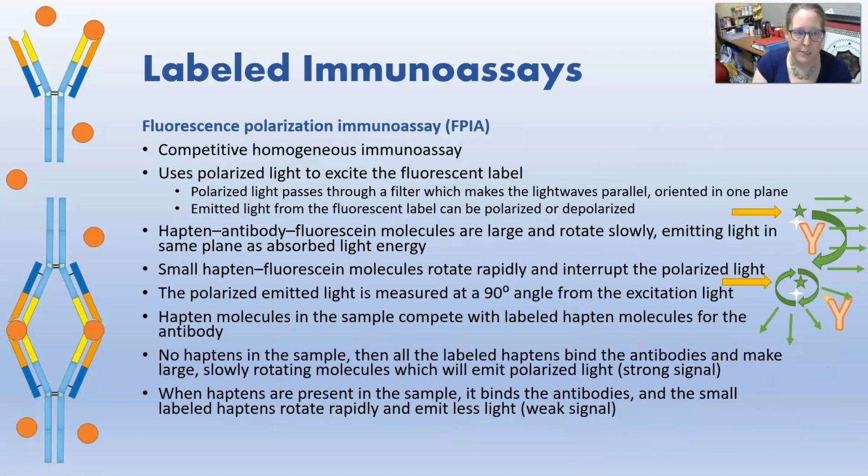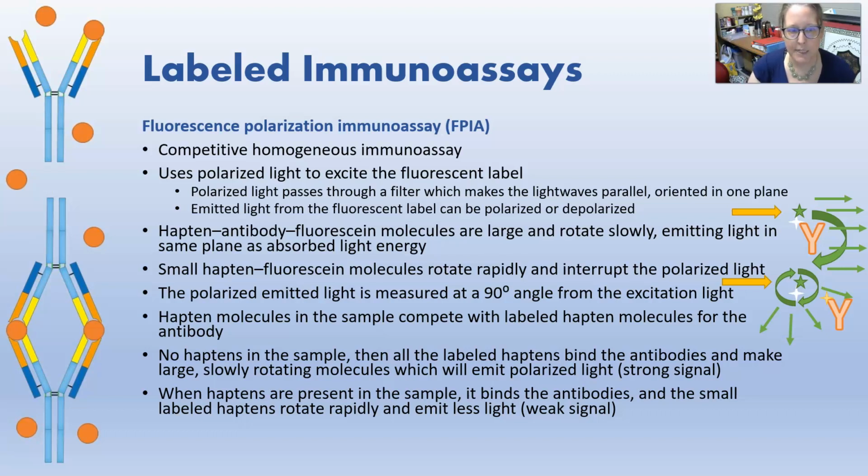Then we have fluorescence polarization immunoassay. It is a competitive homogeneous immunoassay. It uses polarized light to excite the fluorescent label. The polarized light passes through a filter, which makes the light waves parallel, only oriented in one plane. The emitted light from the fluorescent label can be polarized or depolarized. If it's polarized, it will just emit in the same plane as the excitation light.